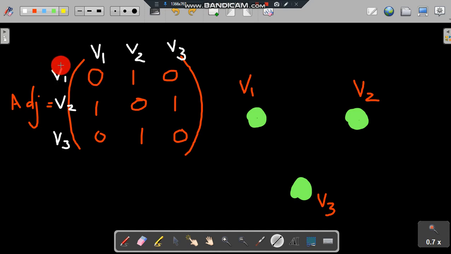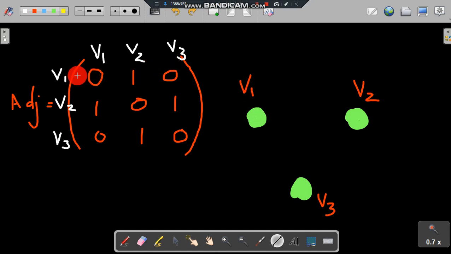That means this vertex V1 and this vertex V1 are not adjacent to one another. I mean, there is no edge between V1 and V1. That's why we have 0 here. So we cannot draw an edge between V1 and itself.